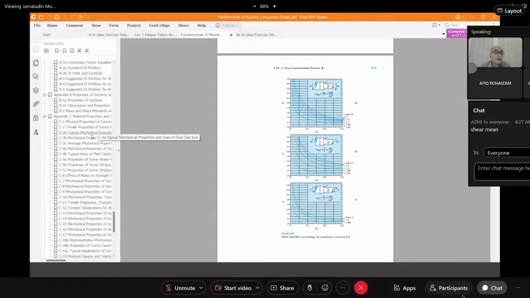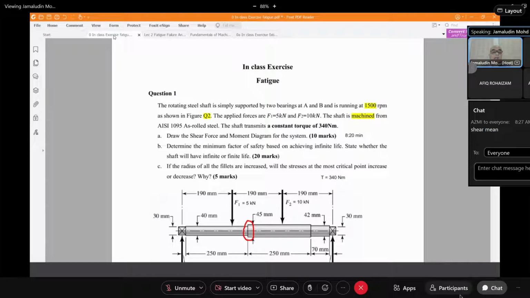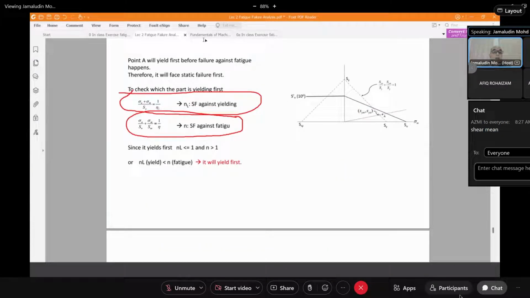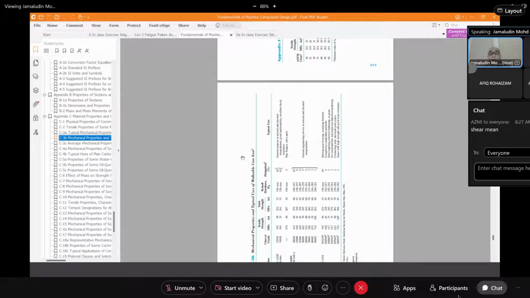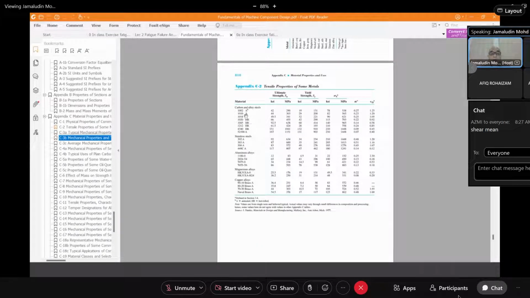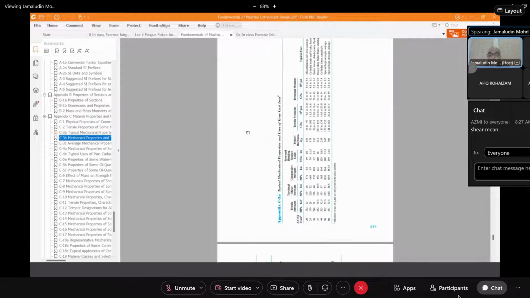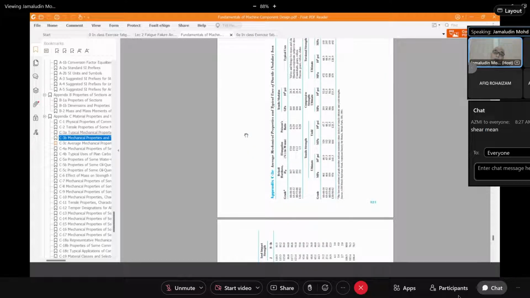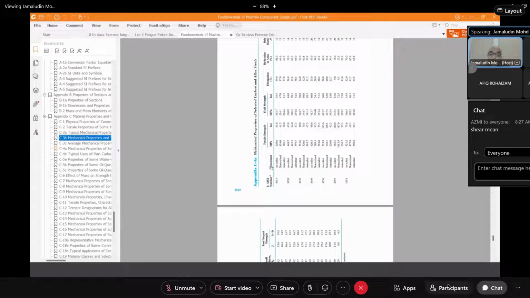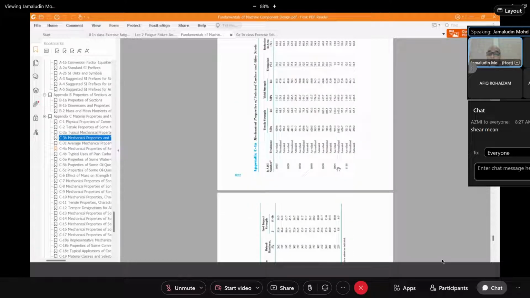What do you have here? 104, that's not here, this is hot roll. Look further, it's not cast iron, it's a carbon steel. This is a nodular cast iron. Maybe here, 1095, that's 1095 hot roll. I take this value and insert it here.